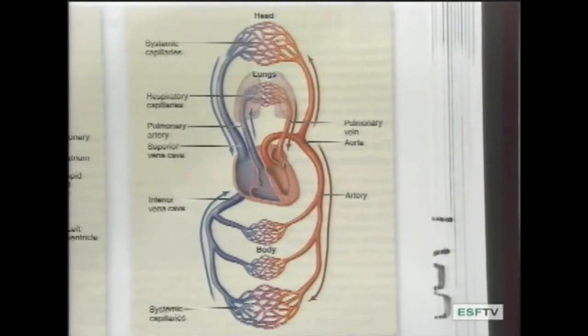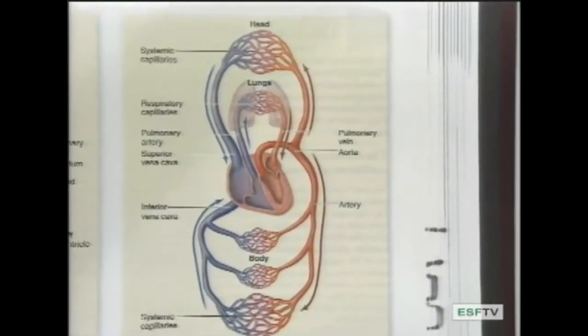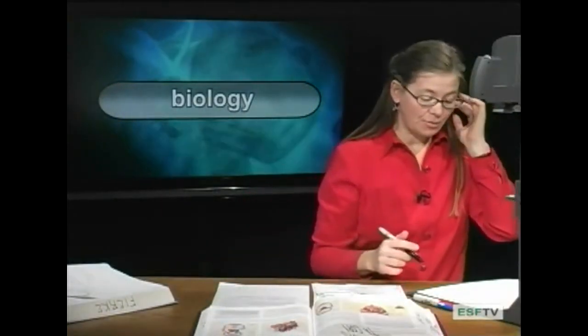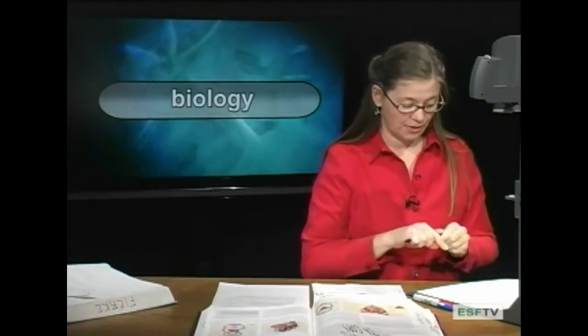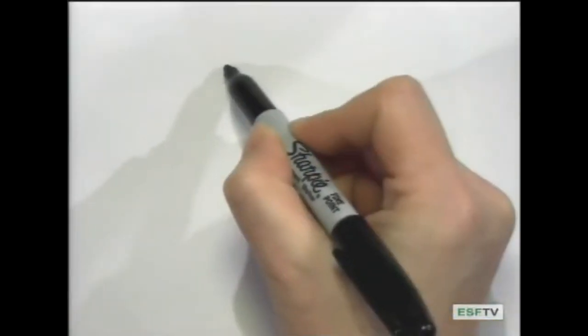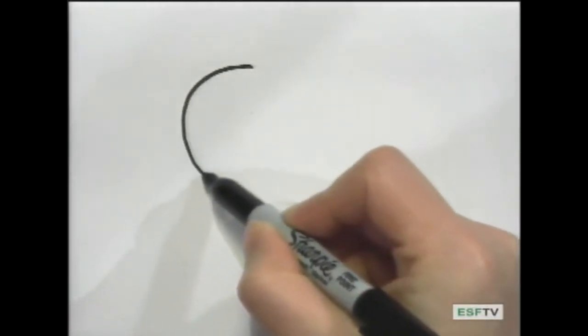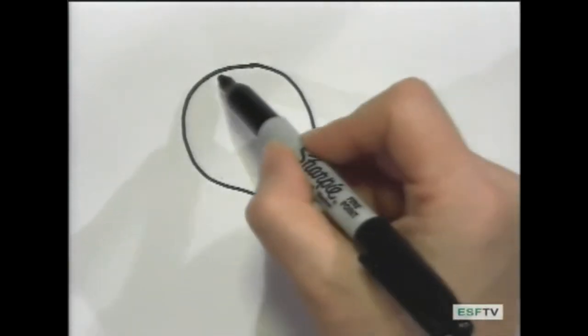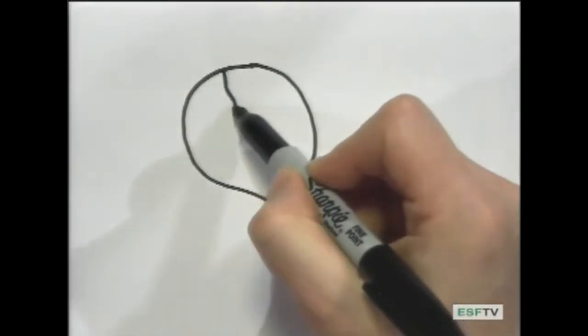So with this, looking at this very nice graphic, let's now draw this so that we get our very own input and see how this occurs. So you have the heart, and let's just draw a quick schematic here of it, something like what it looks like in the book. And you've got the right atrium here.